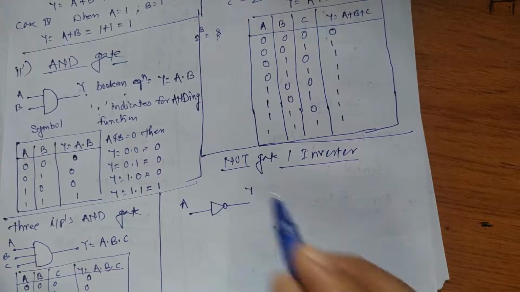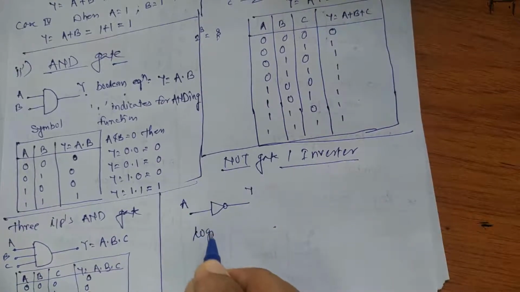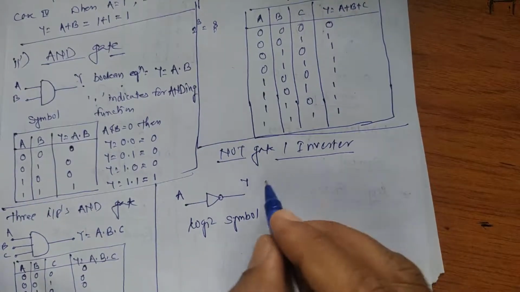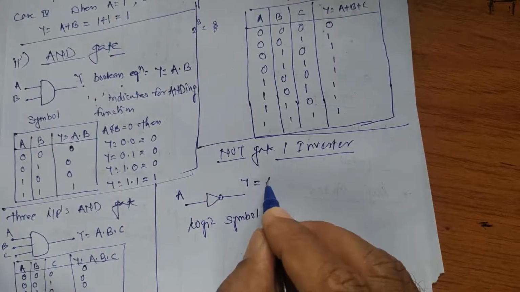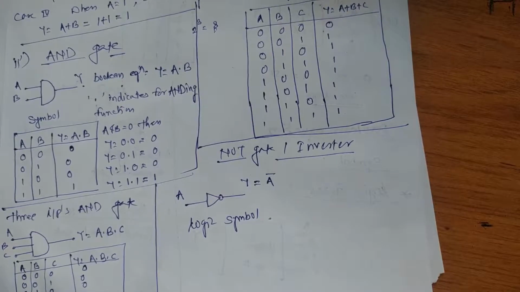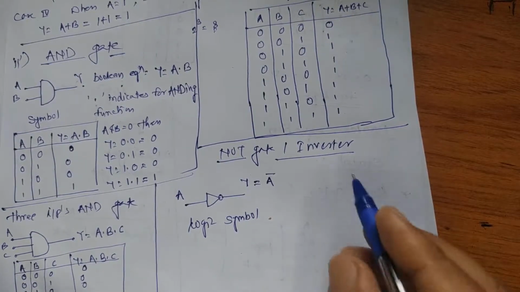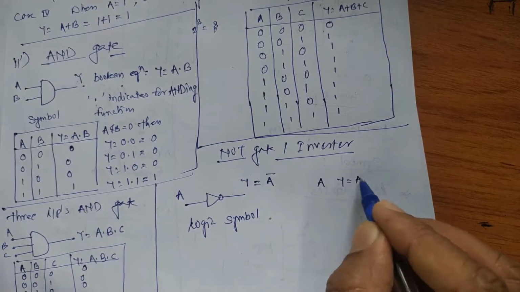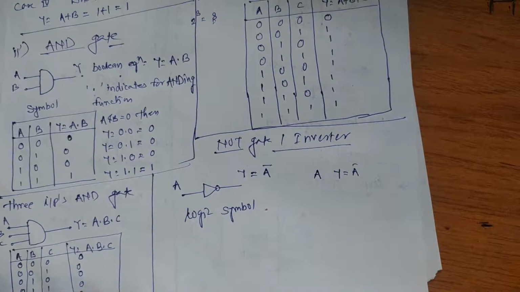Single input, single output, that is the logic symbol. Its Boolean equation, Y is equal to A complement. Complement means opposite. Its truth table, single input.